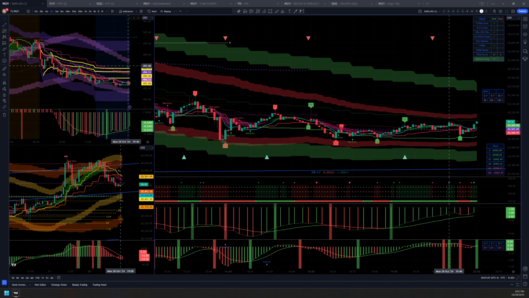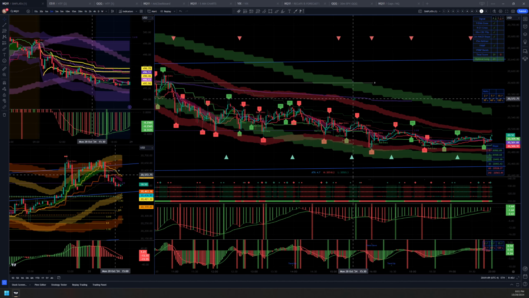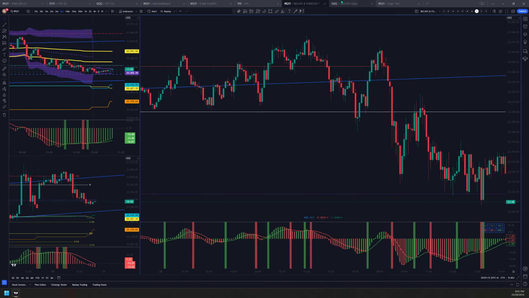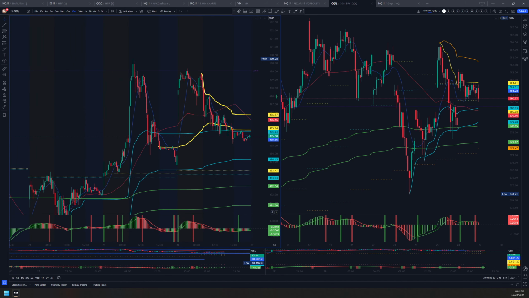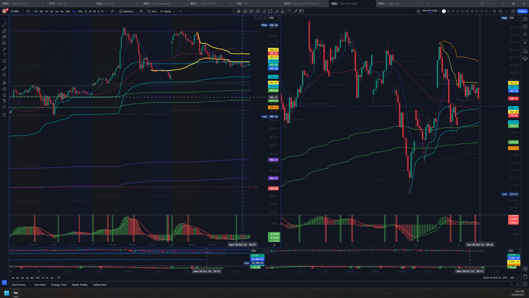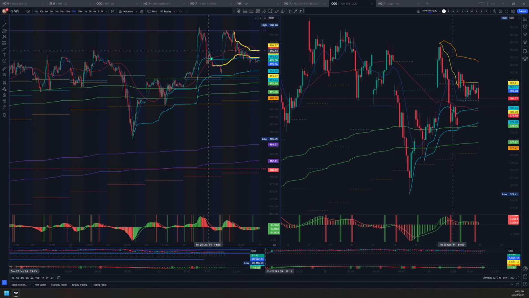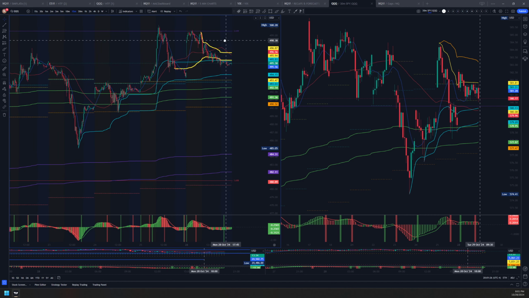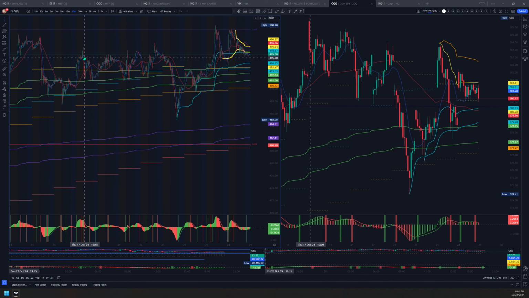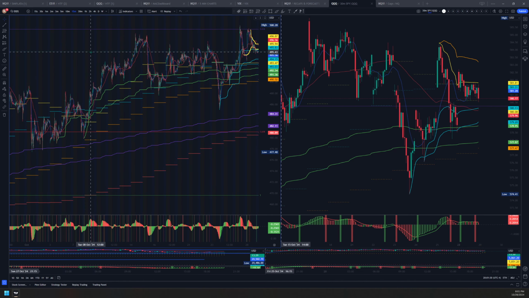I'm expecting that grind down overnight, though not too confident on that. The down sweeps are getting a little weaker.